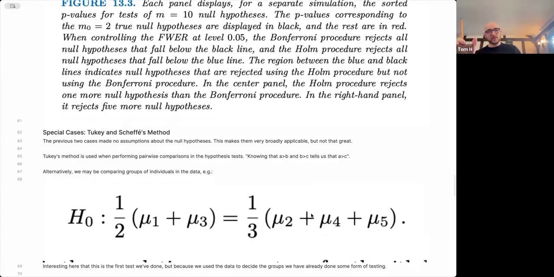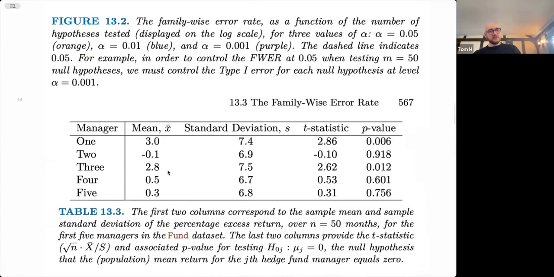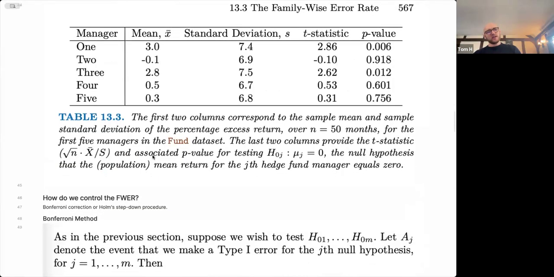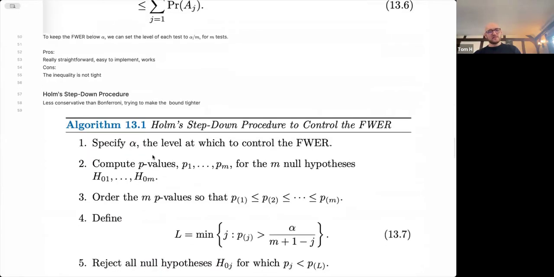It's not like the pairwise ones where you can very clearly see you're doing multiple testing. Here it looks like you've only done the one test, but because you chose these groups based on the data in that table, so you've looked at this data here and you've been like, oh, well, 1 and 3 look significantly different, I'm going to group them and then group the others to see if there's a difference there, that's already some sort of form of test.